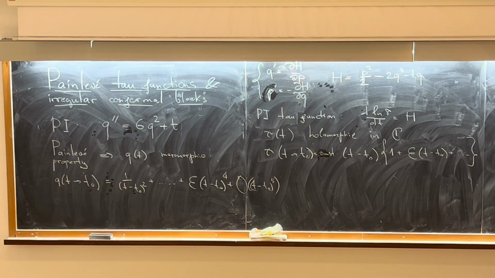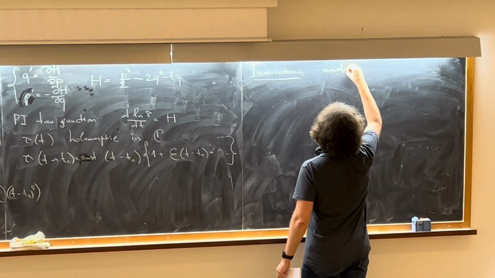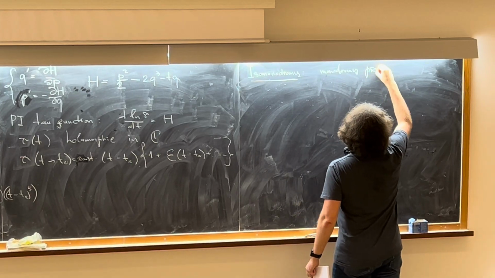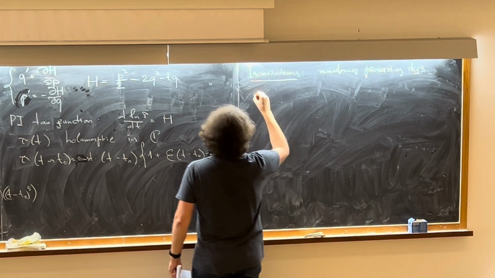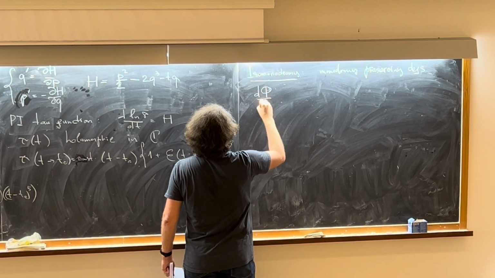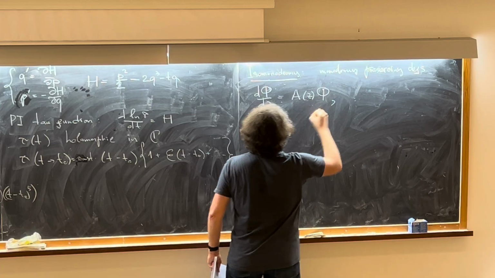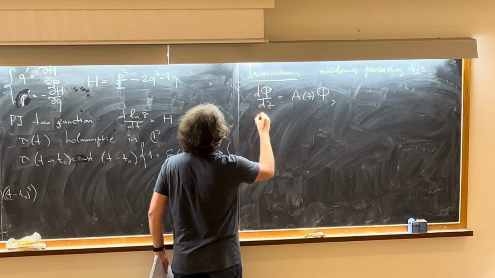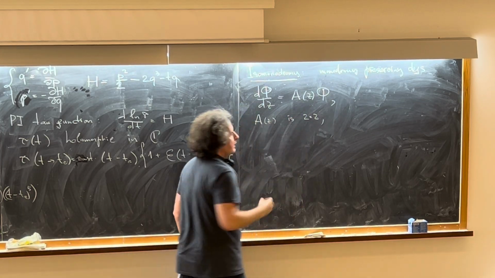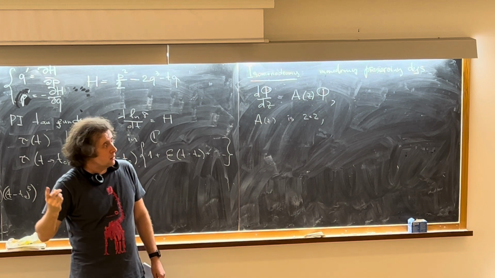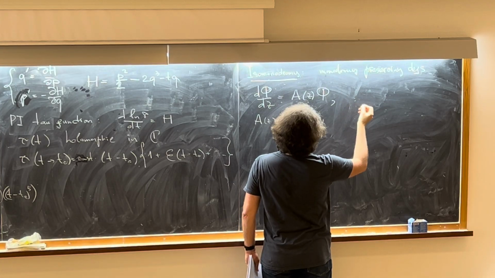Painlevé 1 describes the isomonodromic deformations, so monodromy preserving deformations of a system of the form d phi over dz equal to A of z phi, where A of z is a 2x2 matrix. It has just one pole on the Riemann sphere.